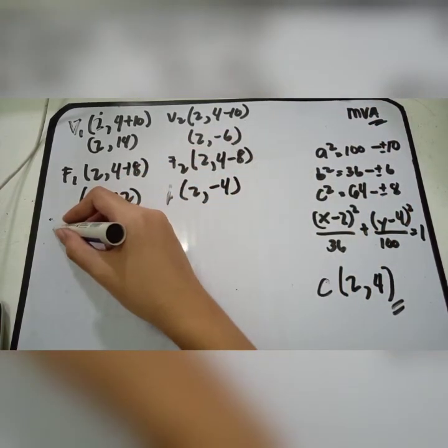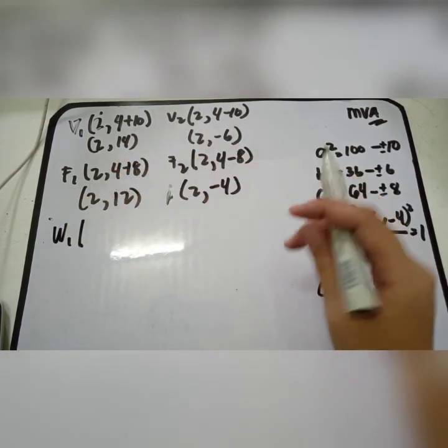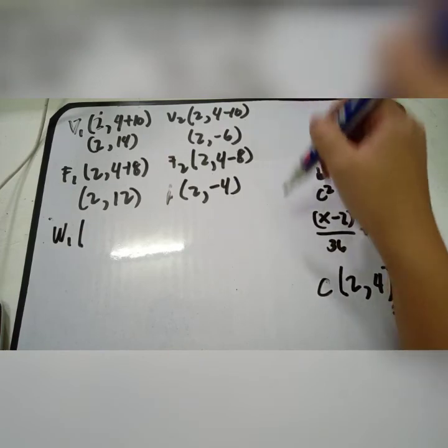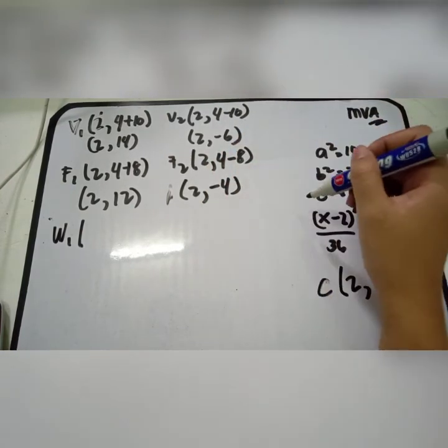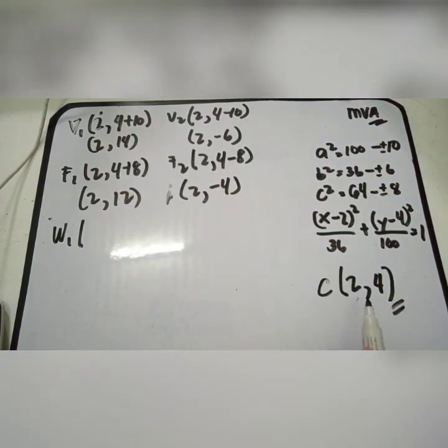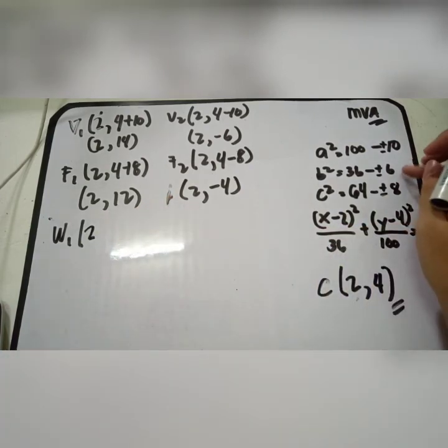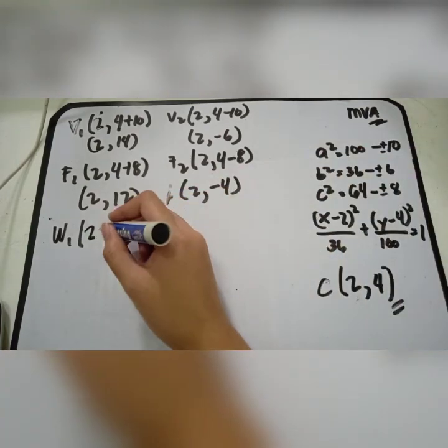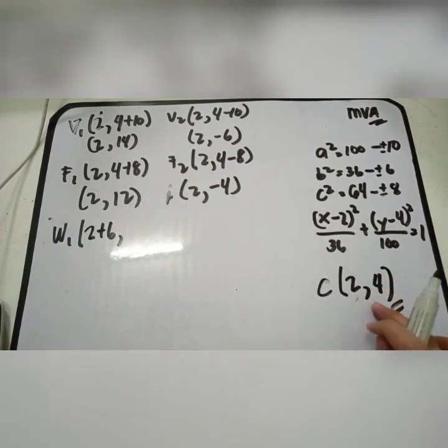So next is the co-vertices. So W1. Since vertical yung major, so minor yung horizontal. So doon tayo mag-change sa H. So 2, what is our value for our B? That's plus or minus 6. So plus 6, comma, what is the value for K? 4.